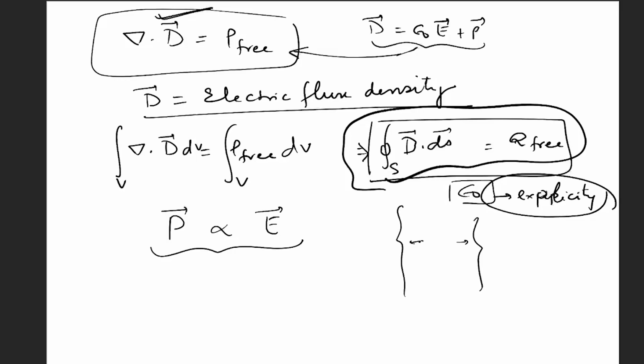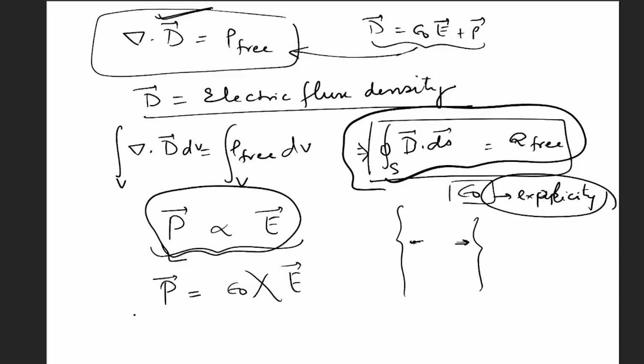So if this displacement is small or the applied field is small, we find that this polarization is proportional to the field in the dielectric. So what we usually write is P is equal to epsilon naught chi E.